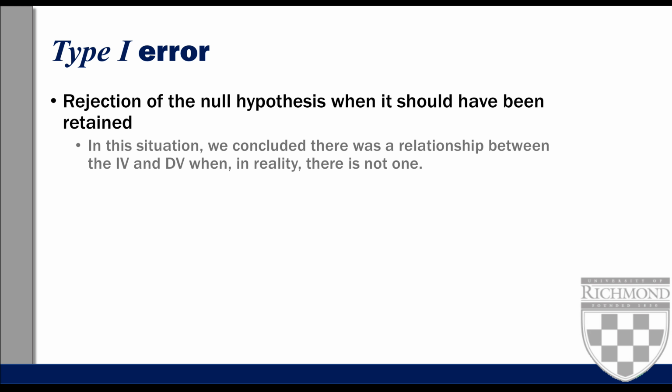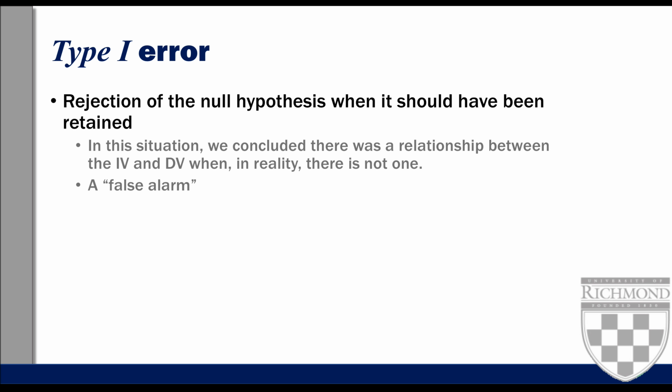In this situation, we conclude that there's a relationship between the independent and the dependent variable in our study, when in reality in the population, there is not one. Okay? Call this a false alarm. And there goes our fire truck off to the rescue of somebody.